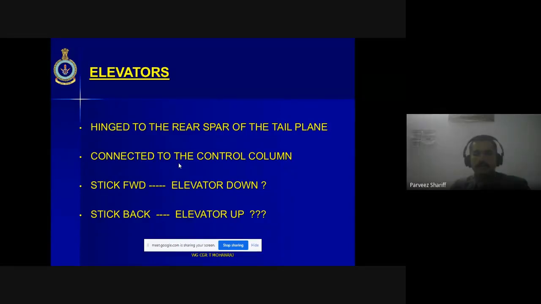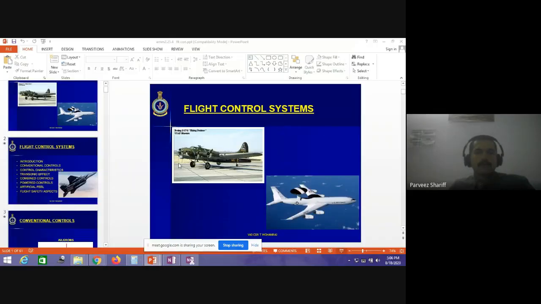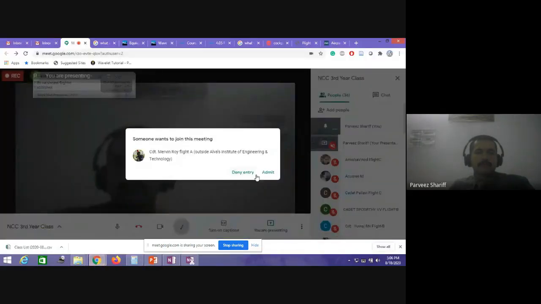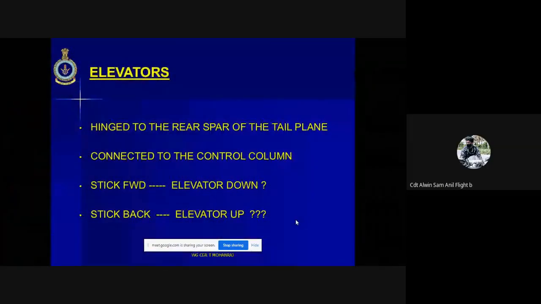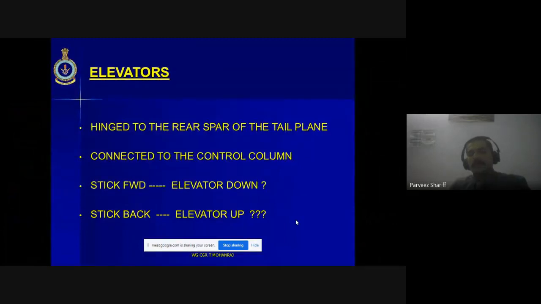And when the stick is moved backward, then what happens? The elevator will go up. When the elevator goes up, the lift at the tail section will be less, and then the aircraft will enter into a pitch up position.